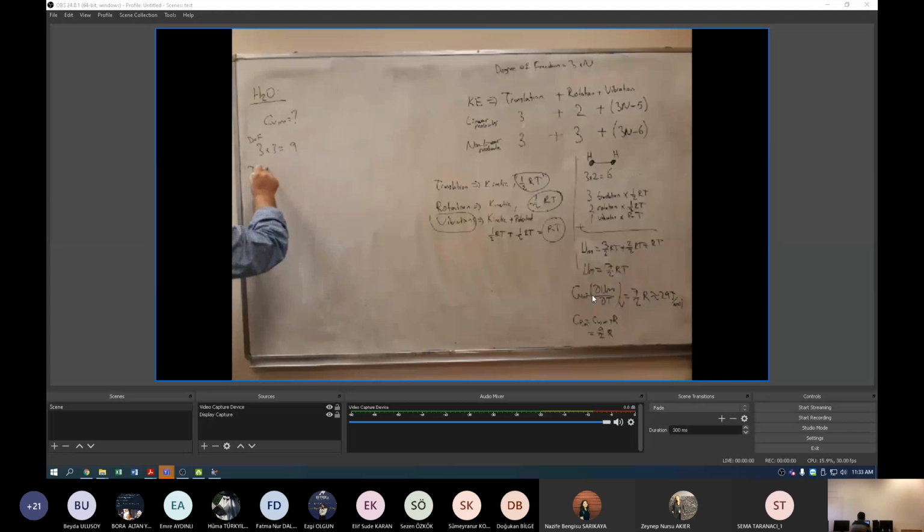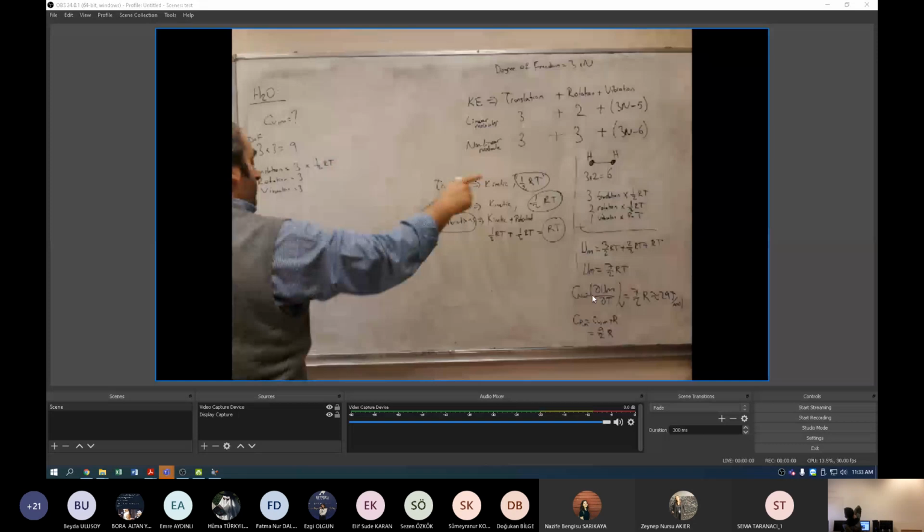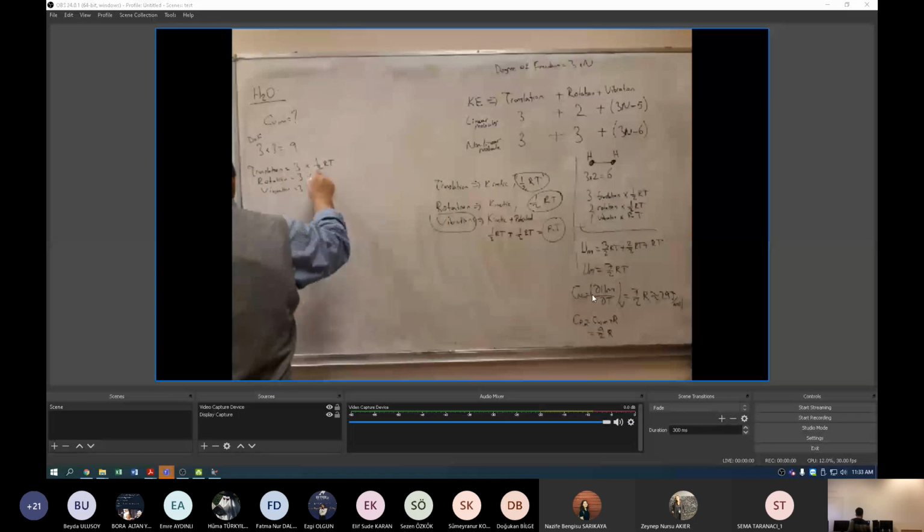Translation, 3. Rotation, 3. Vibration, 3. So for each translation, 1/2 RT, and for each rotation, 1/2 RT, but for each vibration, 1 RT.